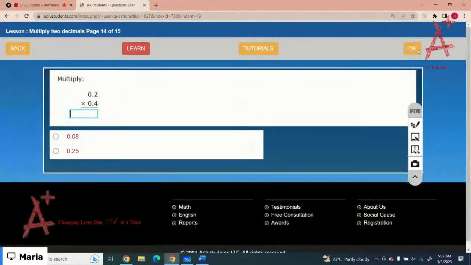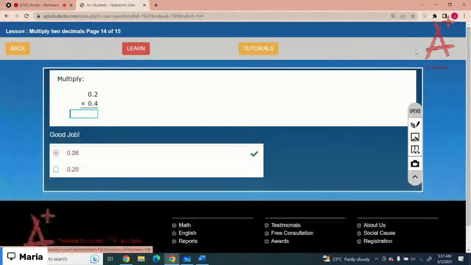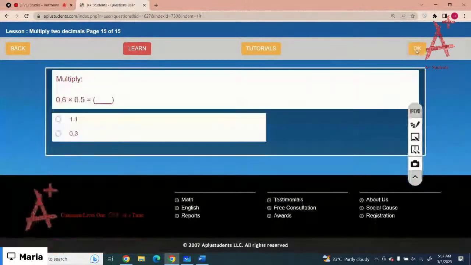The next one is 0.2 times 0.4. So which is the correct option? 4 times 2 is, it would be 0.08. Got it? 0.6 times 0.5.